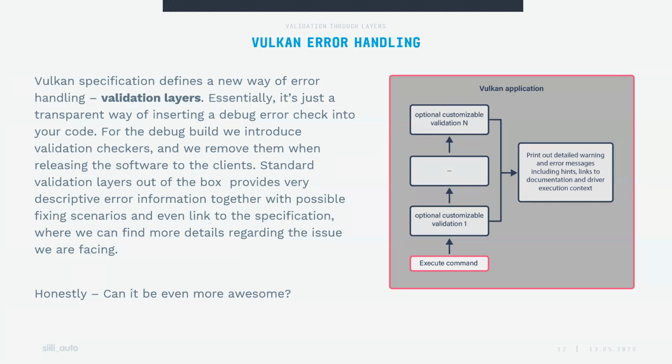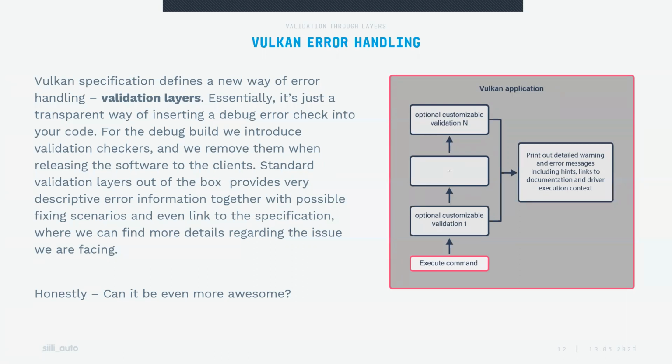Anytime you do something wrong, for example, you call a function with invalid parameters or you pass some null pointer somewhere, you will get information about what exactly is wrong, why you shouldn't call the function in the way you called it in the current context, and it will also give you information about the exact line in the Vulkan specification where you will find more about the exact case that you are facing. So quite amazing, right?